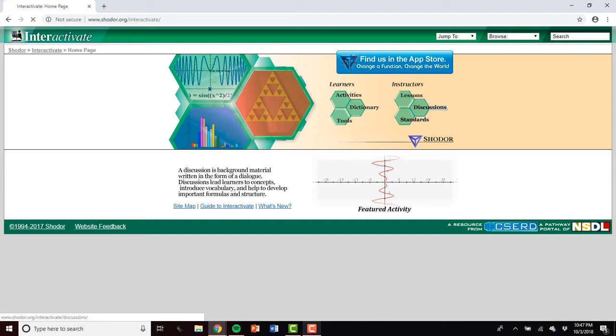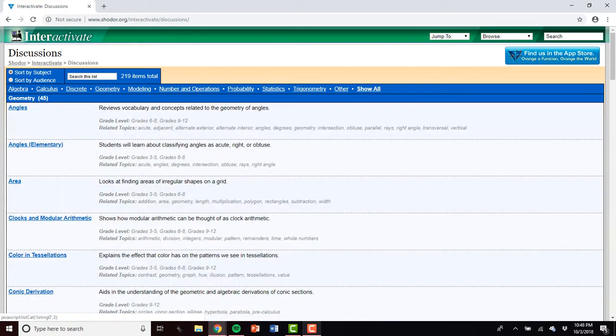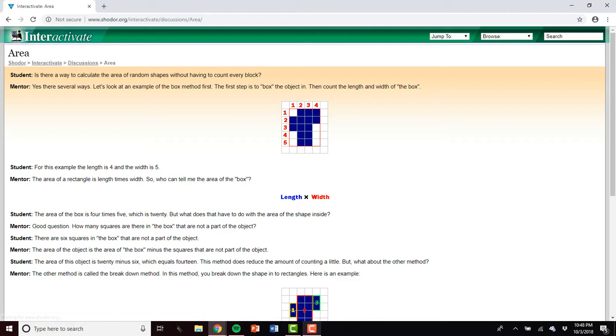And we have discussions, which teachers can use to discuss the subjects with students. So we can check out geometry. I'm trying not to do algebra anymore, so yeah, we can find good discussions on area. With all the discussions, it has what the students would say and what the teacher would say.